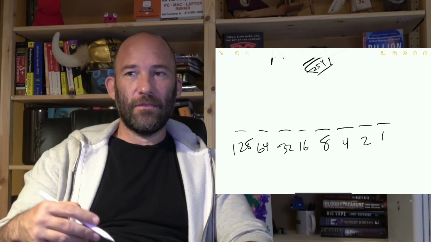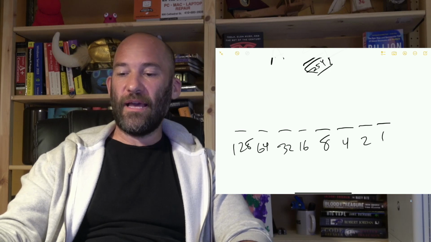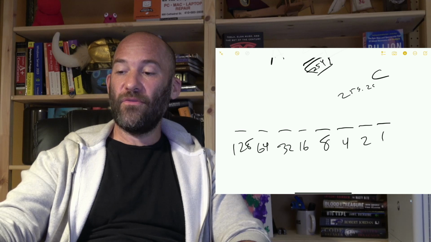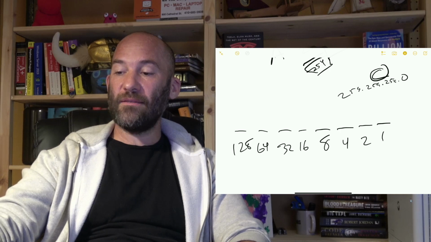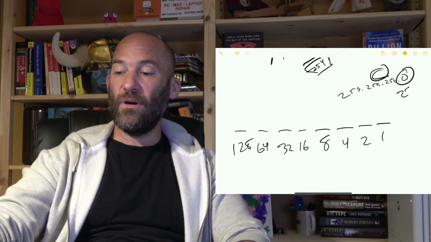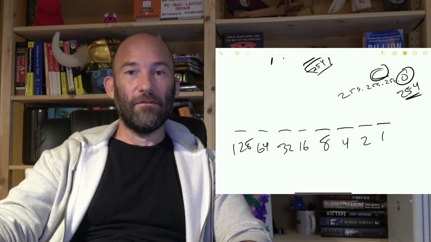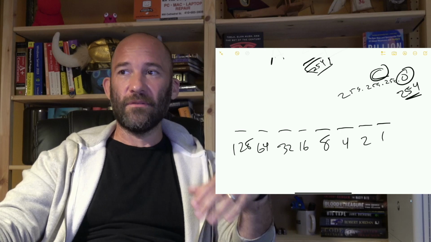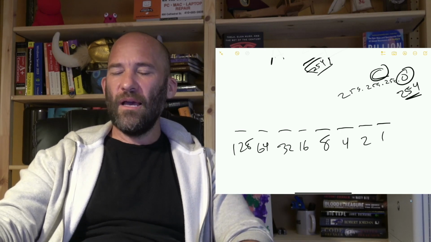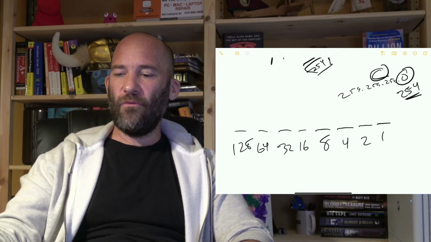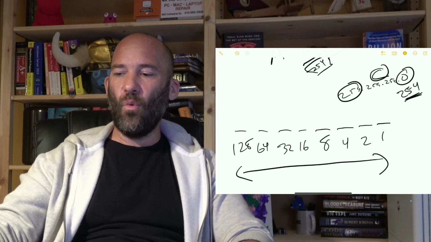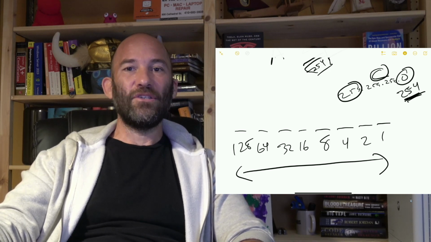One of the things I just said in the previous section is that if you have a class C subnet, 255.255.255.0, you're only going to have 254 IP addresses that you can use for the devices on your network. Again, your servers, your print servers, whatever else. And you're probably thinking, well, wait a minute, if we add all of these together, we get 255. So why am I only able to get to 254?